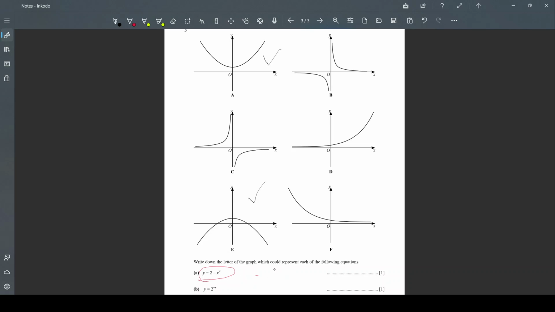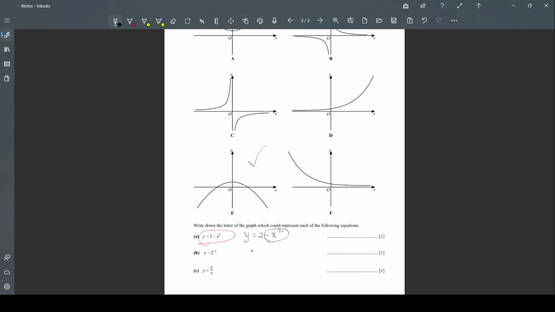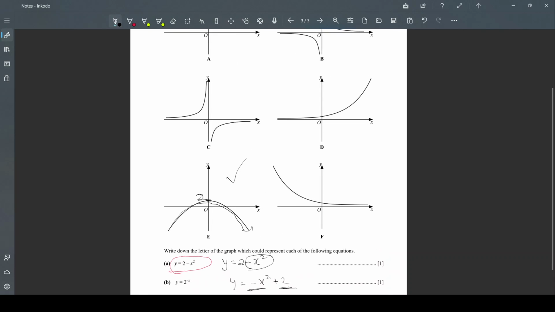It has a negative value over here, let me write it for you. y equals 2 minus x square, and this is negative, right? And this is the constant actually. When we rearrange it, it's minus x square plus 2. So here it's negative, so the following graph depicts this one. Also you can identify the value of c, it's plus 2 right over here. It's given in this format, so it's plus 2. Okay, that's very easy, right?